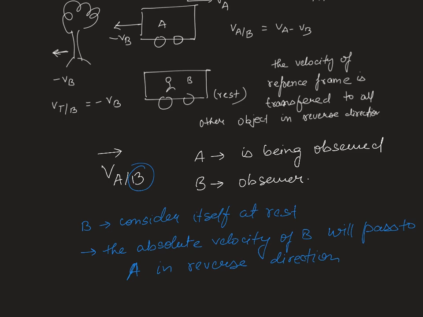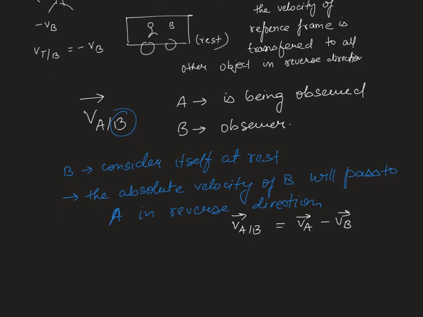So VAB very simply becomes velocity of A minus velocity of B, and both these velocities, let me put things in perspective for you, are the velocities that are considered with respect to ground, because ground is the absolute frame that we consider.